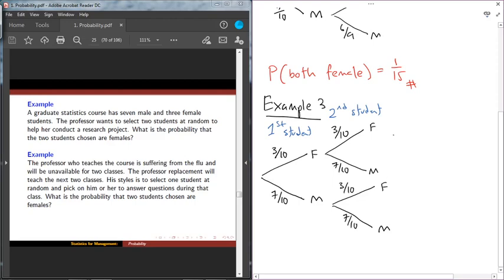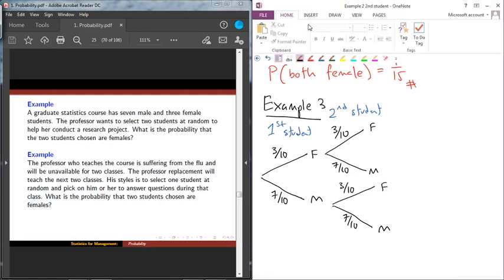So now what would be the probability that two students chosen are female?